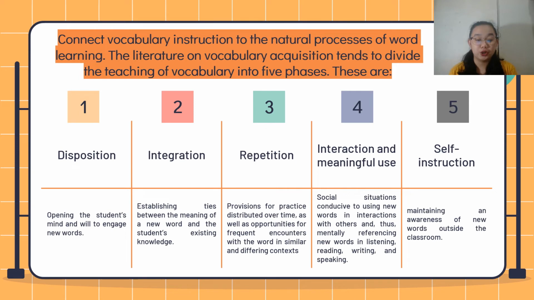Social situations conducive to using new words in interactions with others, and thus mentally referencing new words in listening, reading, writing, and speaking. Lastly, self-instruction, maintaining an awareness of new words outside the classroom.